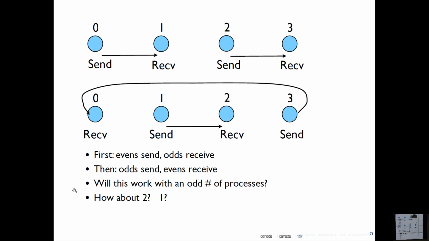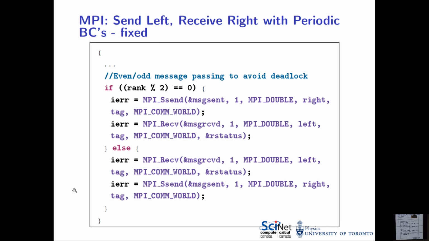So it's simple enough to do. We keep our top part the same as our other code that we had earlier. We just have to make this a two-part wrapper. So we're just taking the mod of the rank, and anything that's even is going to do this part first. And then anything that's odd is going to receive first.